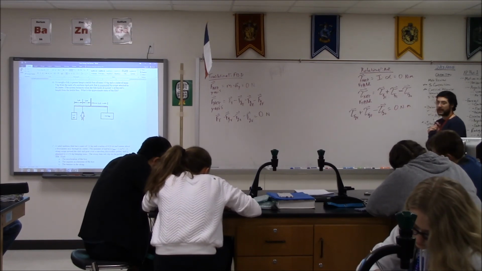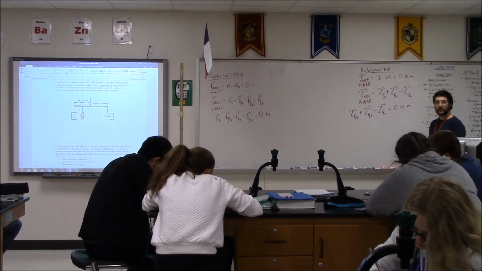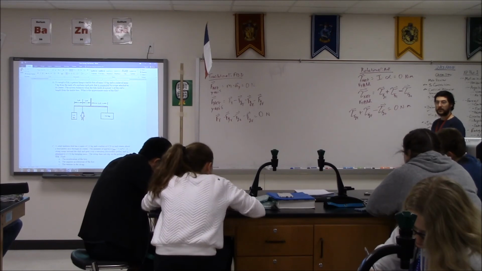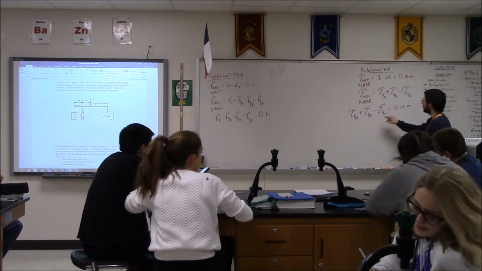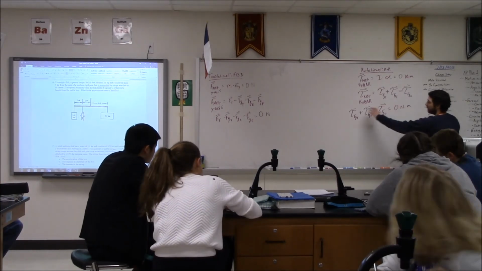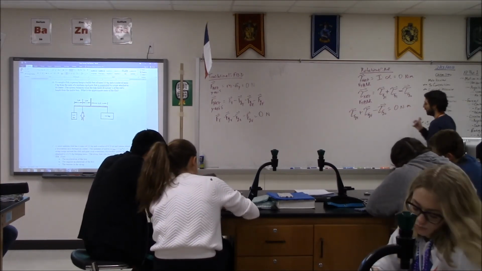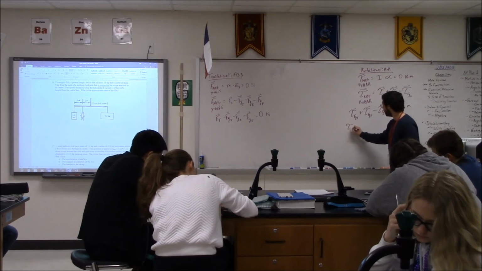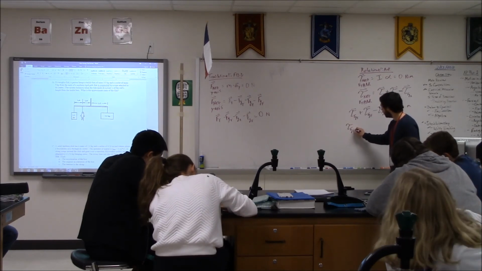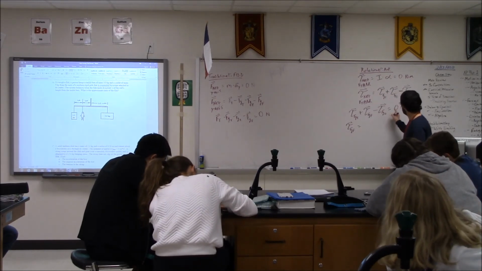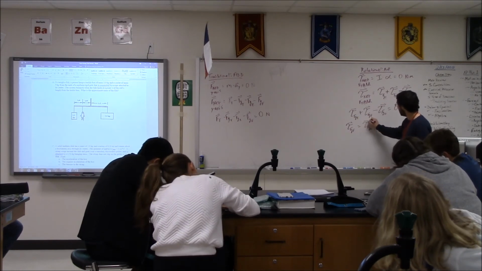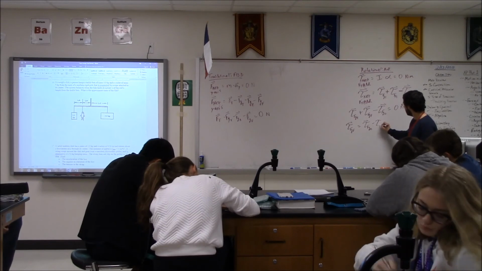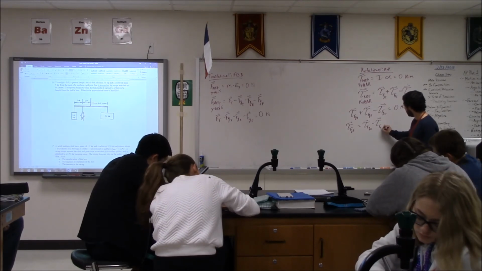What's the thing I want to know about? The fish. So I'm going to isolate this torque. I'm going to move this one over here, and this one over here. So the torque caused by the fish is equal to the torque caused by the cooler minus the torque caused by the tackle box.